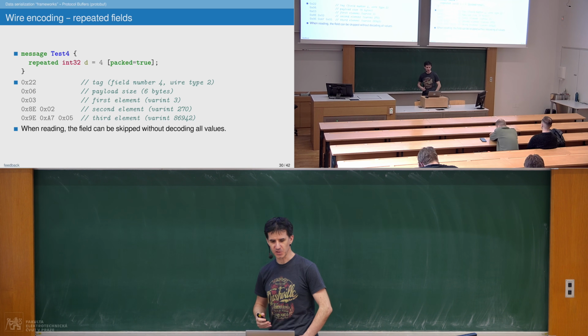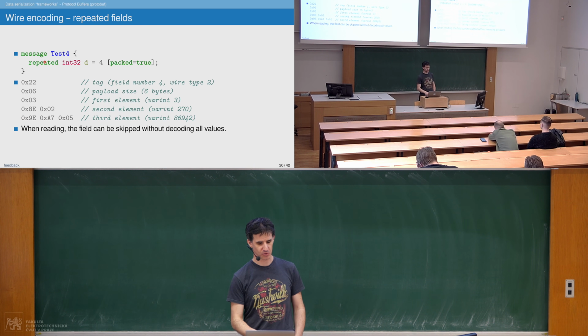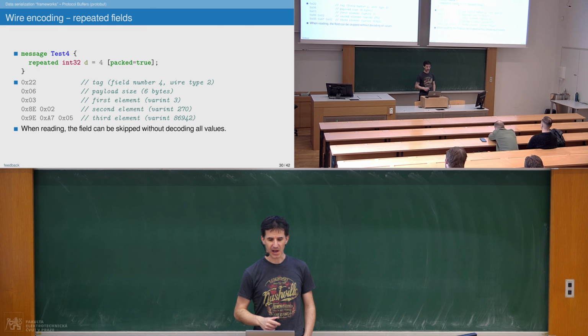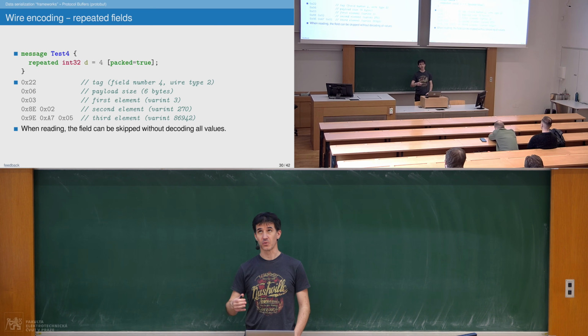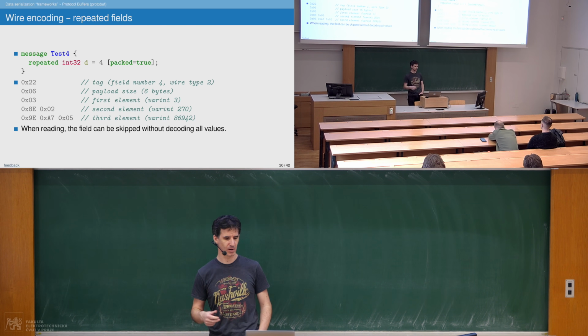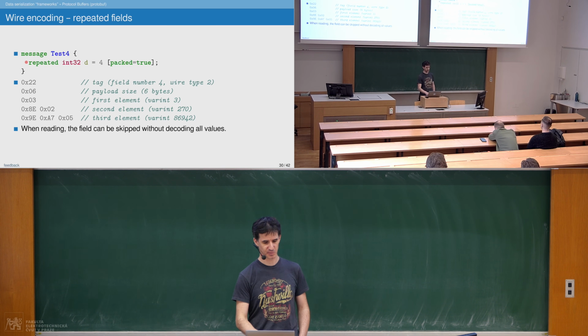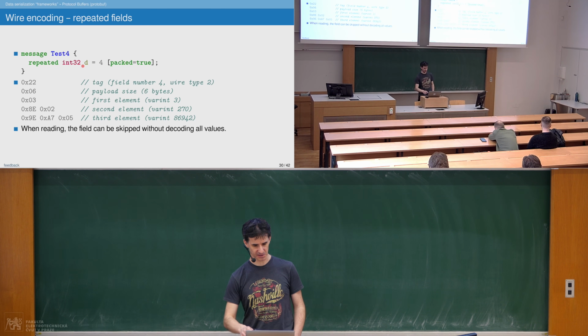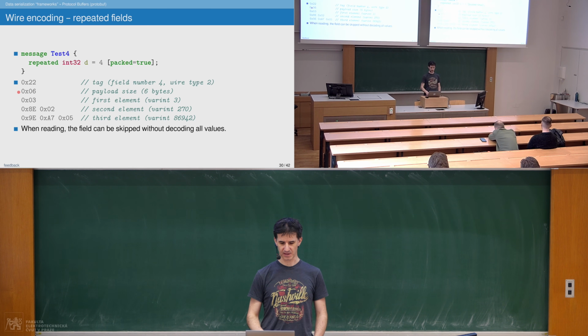Yeah. So repeated fields. This is a way protocol buffers can support arrays. These are variable-sized arrays. If you don't know how many numbers you will have, you can specify it as a repeated int32, and again this is encoded with a tag.